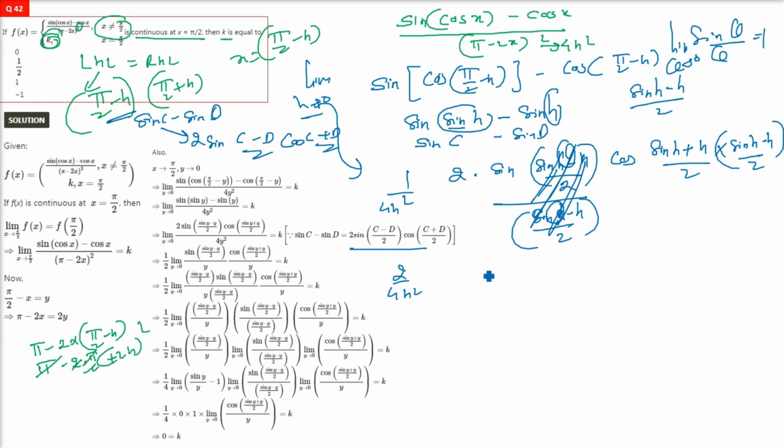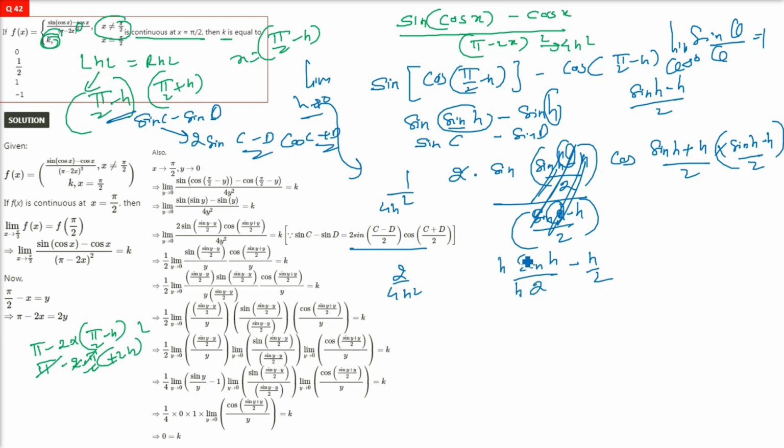I am talking about sin h minus h by 2, not this cos term, just the last term we have introduced. So when you apply the limit, you have to have an h in the denominator. And when we introduce h in the denominator, you have to have an h in the numerator also.